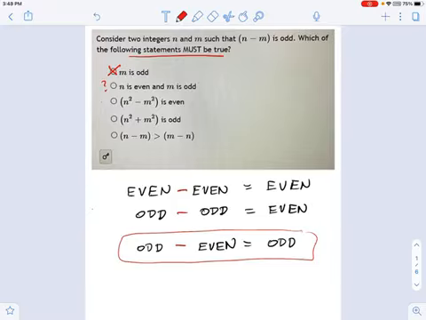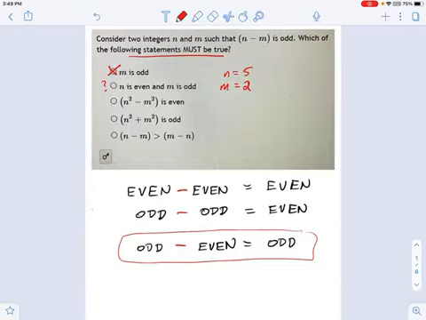Let me give you a counterexample. Let's say n is odd, n equals 5, and m equals 1. Oops, hold on. n is odd, m is even. There we go. This is not what the example says. The example said the opposite.